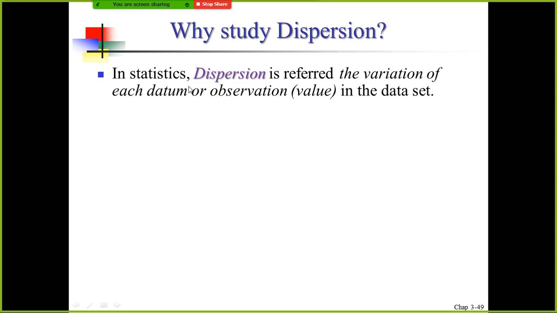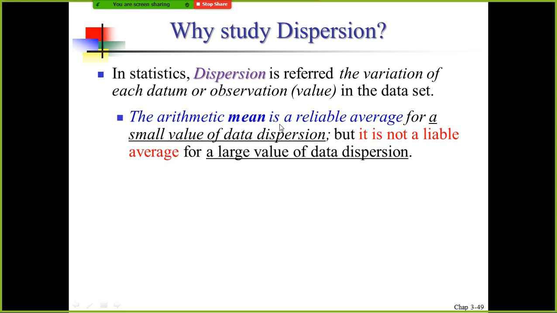In statistics, dispersion refers to the variation of each datum, that means each data item, each observation, or each value in the dataset.